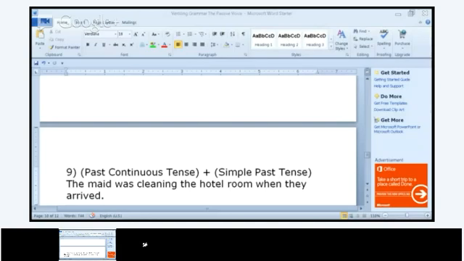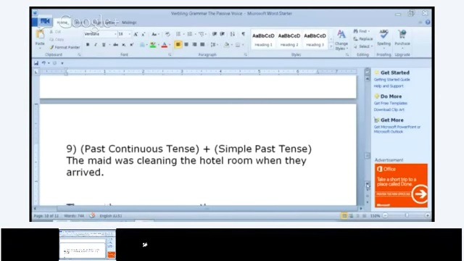Was the maid cleaning the hotel room when they arrived? That might be a supervisor asking another employee. Maybe that's why the customers were angry. And so really, was the maid cleaning the hotel room when they arrived? Okay. So let's move on and show these answers.